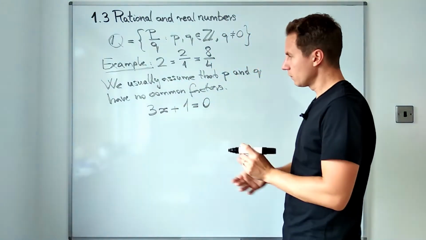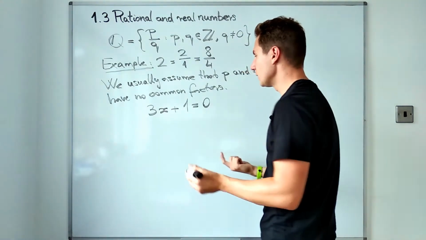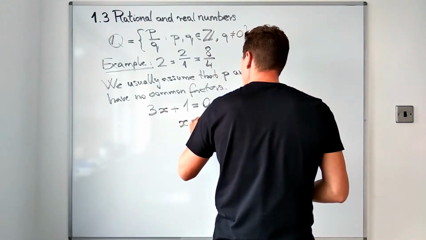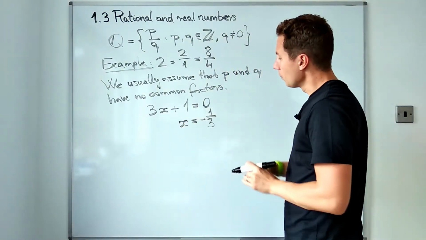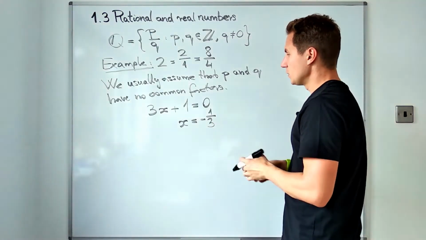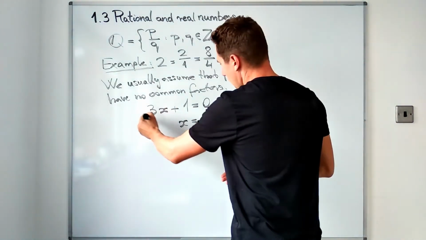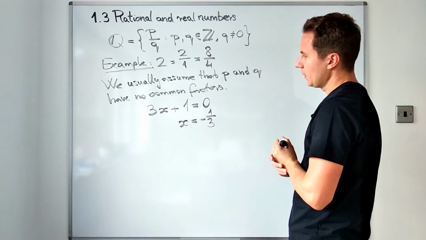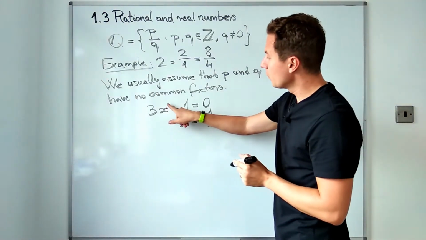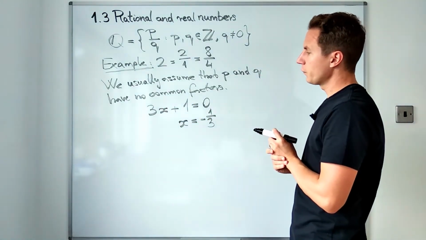So if I consider this linear equation for x being the unknown, 3x plus 1 equals 0, you can quickly solve this equation for x and you get the solution, which is negative 1/3. So that is a rational number. So rational numbers arise as solutions to linear equations. Linear because we have the first power of the unknown in the equation and no higher powers of x.